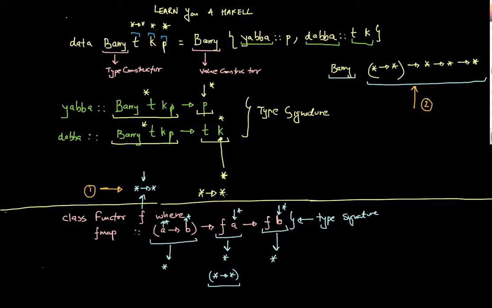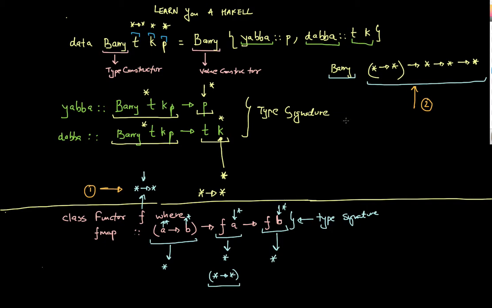But what I can do is partially apply the type constructor Barry with enough arguments so that the kind signature of Barry with the partially applied arguments will match the kind signature for this 1 here.